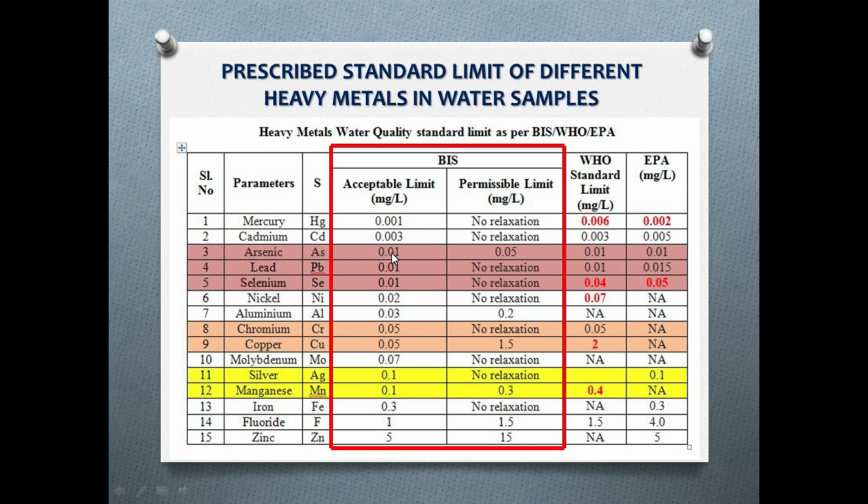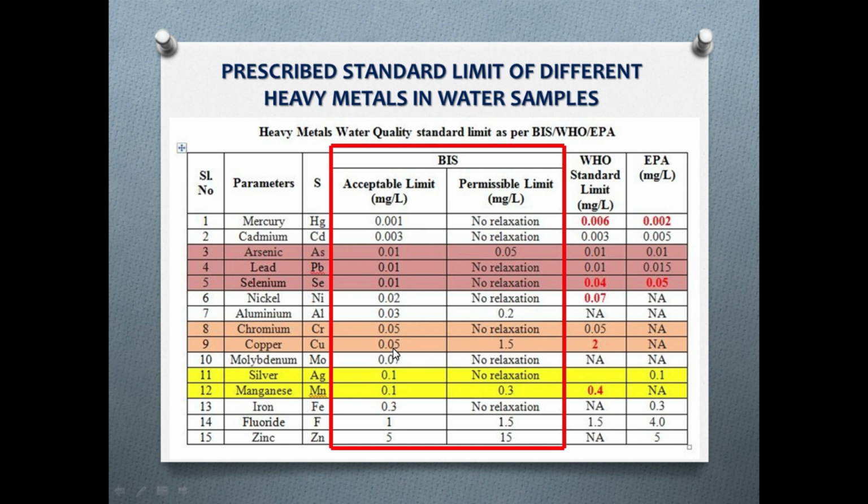So your 0.05, which is the highest value, will be your Si value, and your 0.01 value will be the Ii value. Similarly, for copper, number 9, you have these two values, 0.05 and 1.5. Since 0.05 is the lowest value and 1.5 is the highest value, the 1.5 will be the Si value, and 0.05 will be your Ii value.